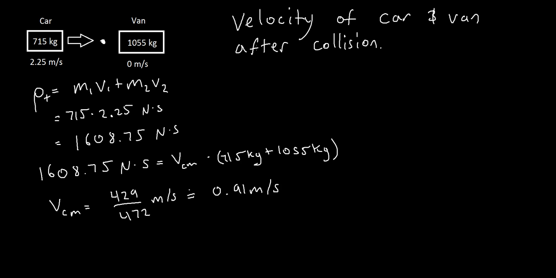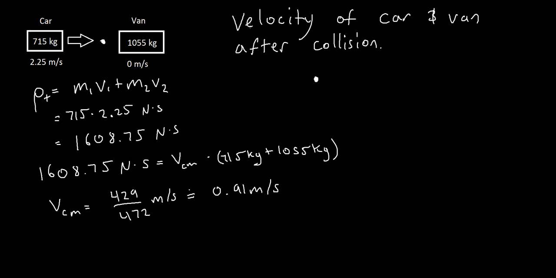Now the cool thing is, in an elastic collision, I'm going to visualize everything relative to the center of mass. So instead of relative to the van, which is at rest, we'll say the center of mass is at rest, because physics works in every inertial frame.